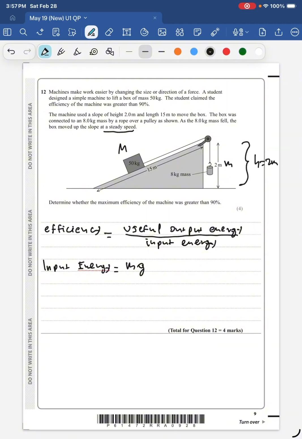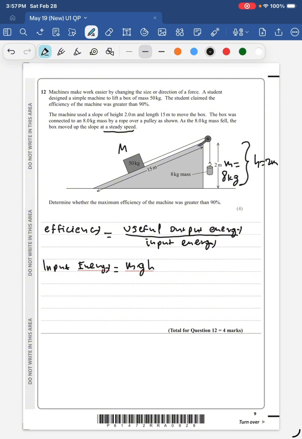So h is 2 meters, and lowercase m is 8 kilograms. So mgh is the input energy, right? Because as this mass falls by 2 meters, it pulls the 50 kilograms up by 2 meters as well, because there is a rope connecting the two masses. So if the smaller mass falls for 2 meters, then the big mass will go up 2 meters.